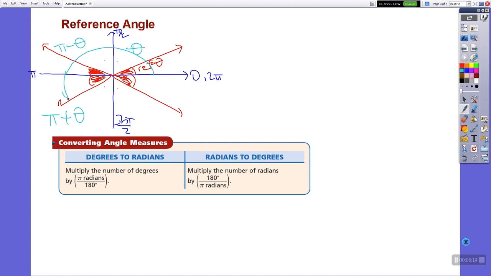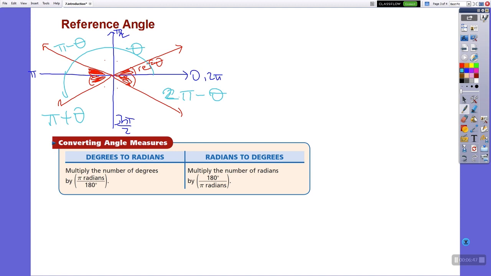In the last quadrant, you are subtracting the reference angle from the whole circle, so 2 pi minus theta. That's the way of finding the original angle in each quadrant if you are given the reference angle. So theta itself in the first quadrant, pi minus theta in the second, pi plus theta in the third, and 2 pi minus theta in the last quadrant.